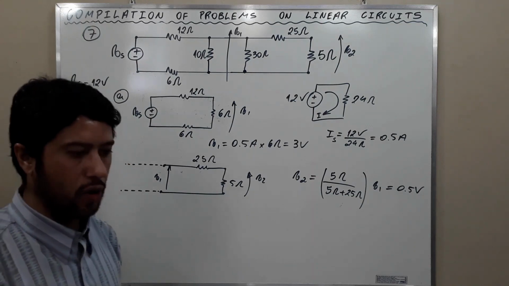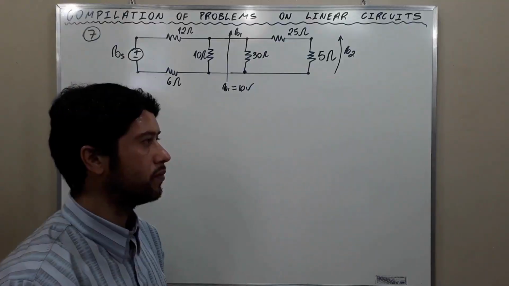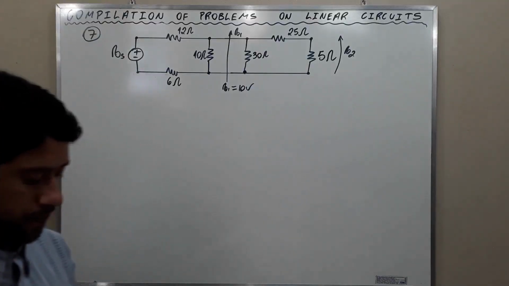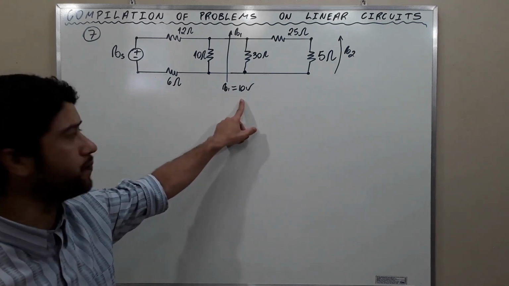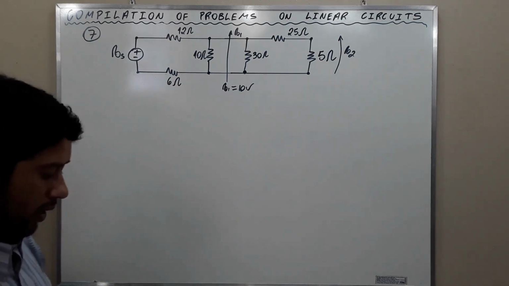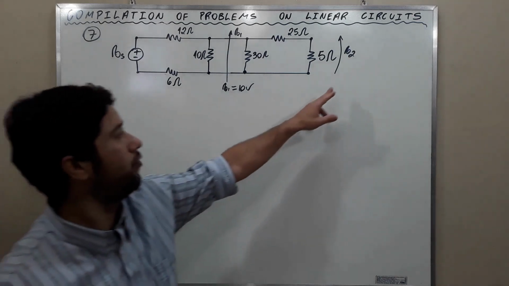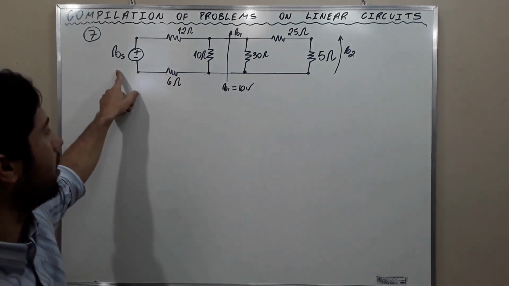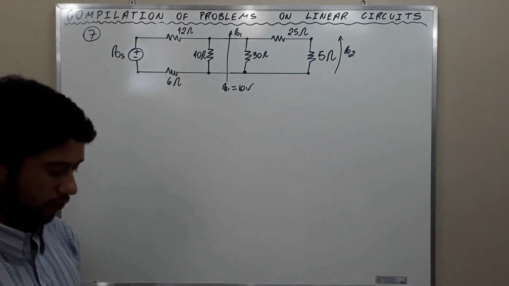Now let's calculate letter B. In letter B, V1 is 10 volts, and we need to determine V2 and Vs, provided that V1 is 10 volts.